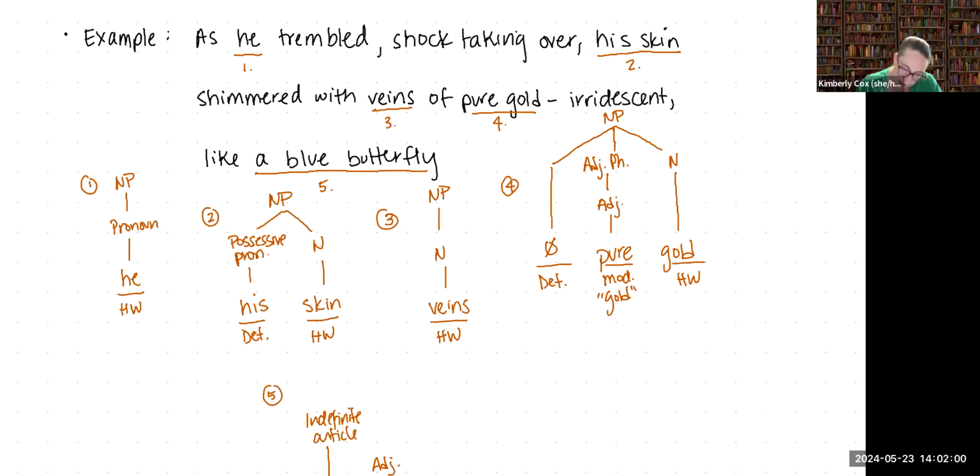Butterfly is a noun. Blue belongs to its own adjective phrase. But all together, they create a noun phrase, right? So a is a determiner. Blue modifies butterfly, and butterfly is our head word.